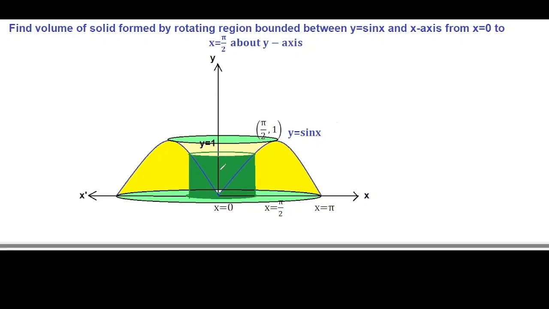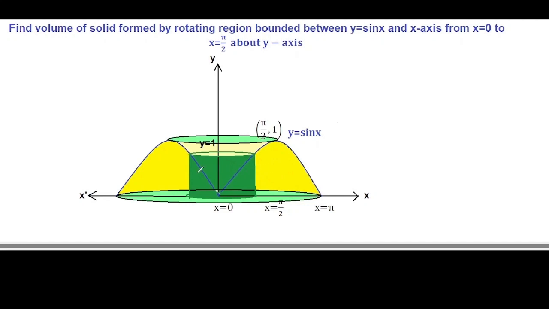So this is our required cylinder. Now, first we need to find the surface area of the cylinder, the dark green part. Because when we move this cylinder from x equal to 0 to x equal to pi, this is going to cover the entire solid.